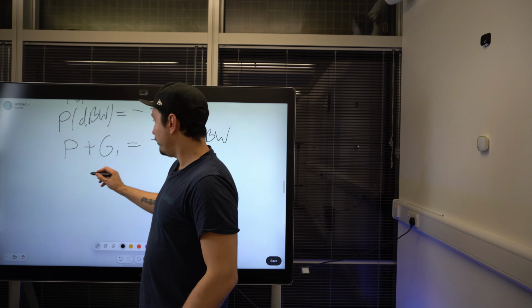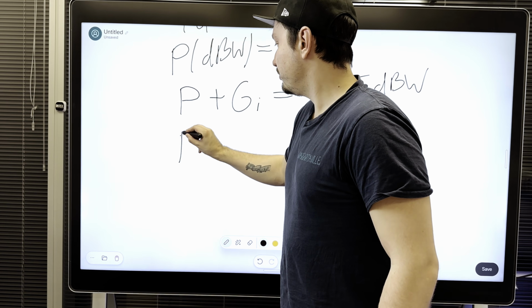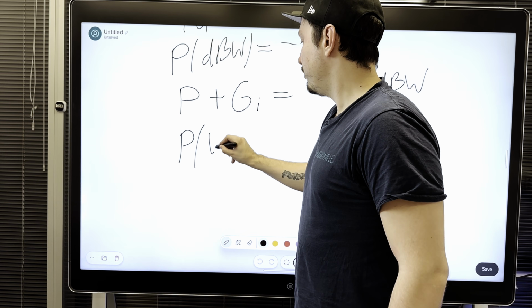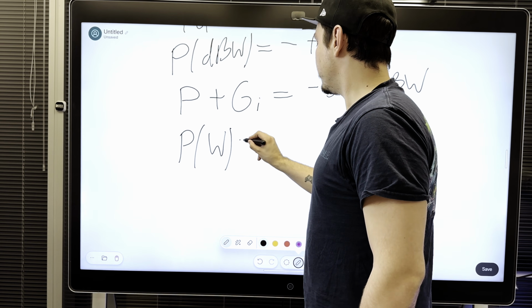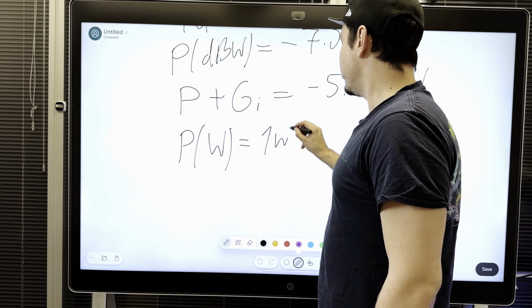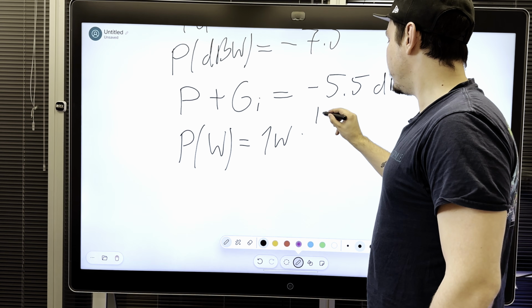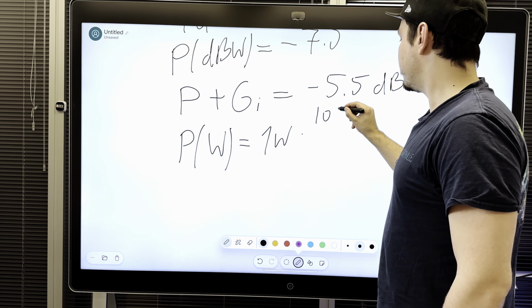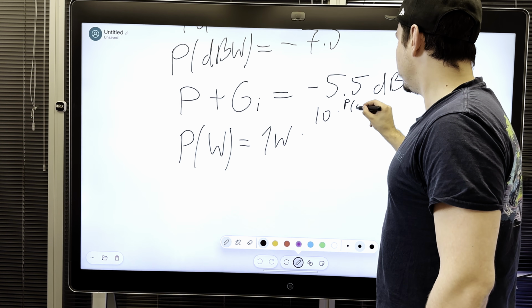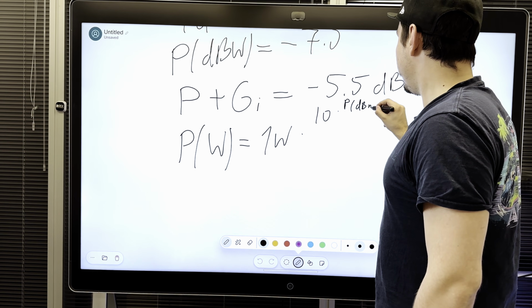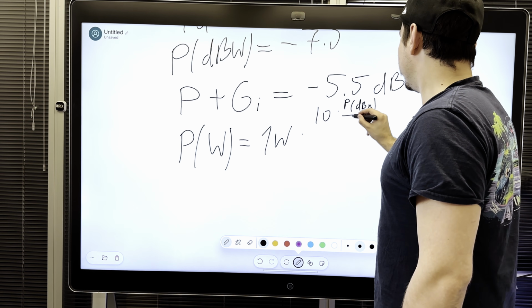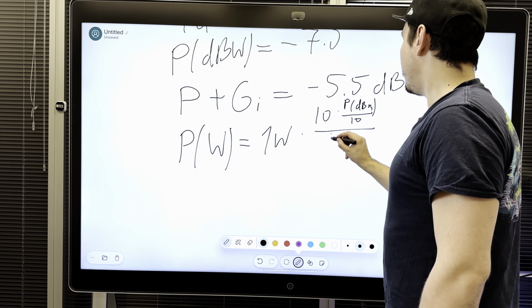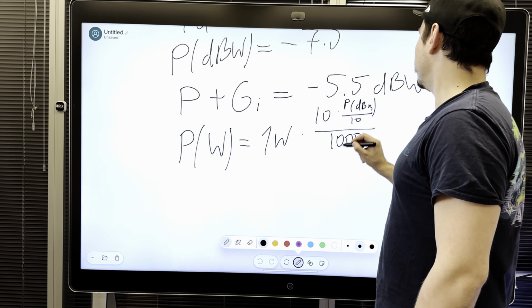The formula we need to use for conversion to watts is equal to 1 watt times 10 to the power of the power in dBm over 10, over 1000.